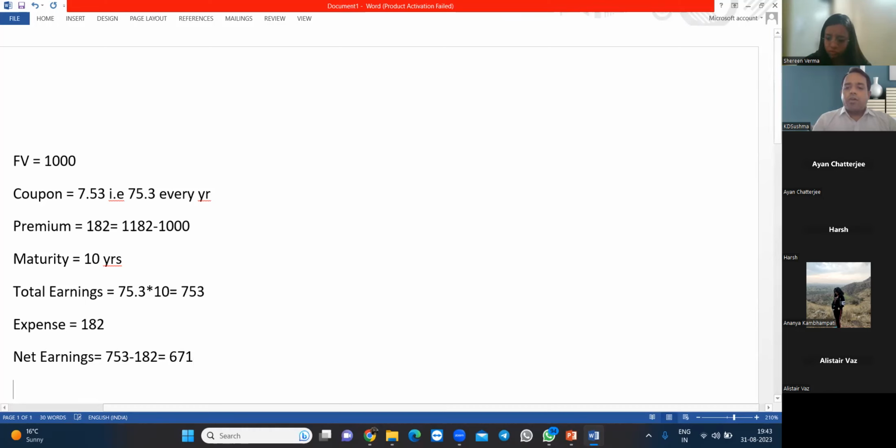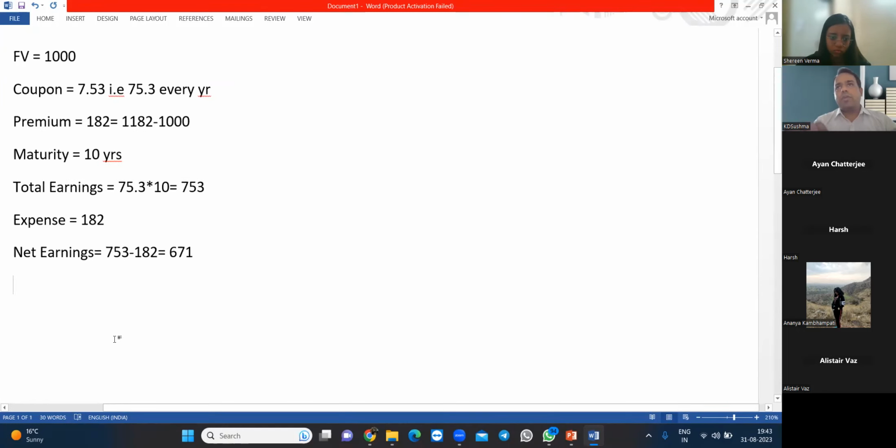Perfect. Now, if I divide this 671 by 10, because it is for 10 years, this is the earnings I have got in 10 years. If I have to take it out in percentage terms, how much percentage have I got? It is 6.7, 6.71% every year. Now, my coupon rate said that I will be getting 7.53, but actually how much did I get? 6.71%.